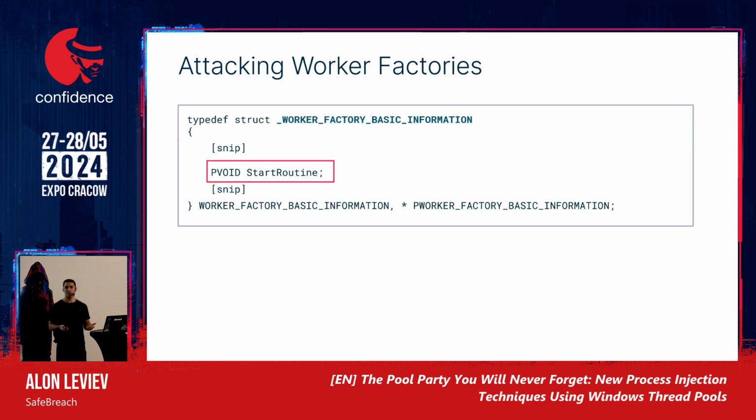And in our case, it is enough because the basic information includes the start routine pointer that we are targeting. And given the start routine pointer, we can now overwrite its contents with a malicious shellcode. And this routine is guaranteed to run at some point, but it would be even better if we could also trigger its execution instead of just waiting for it.